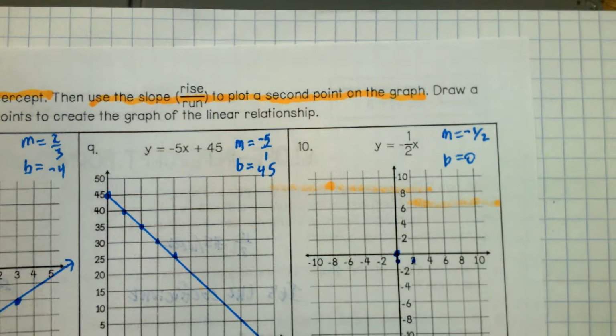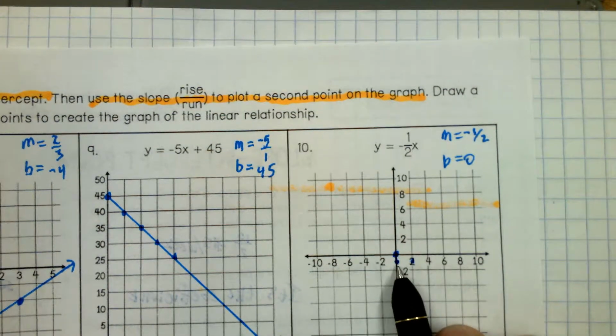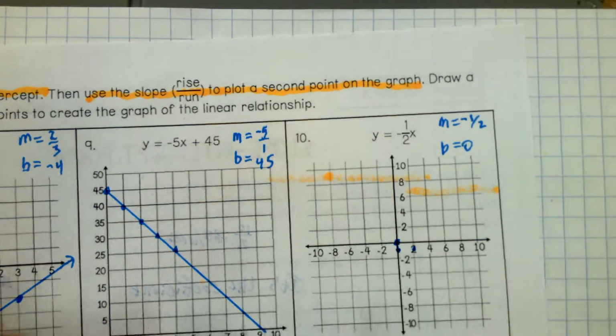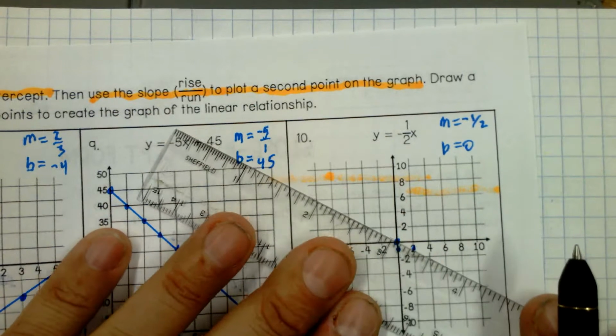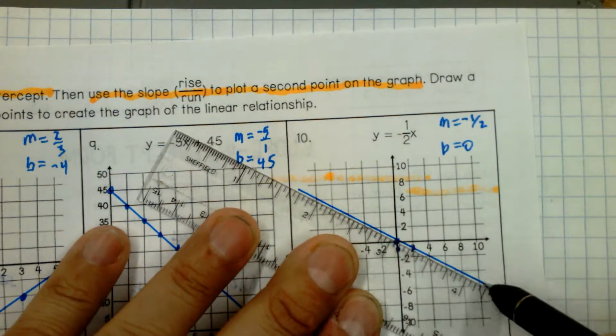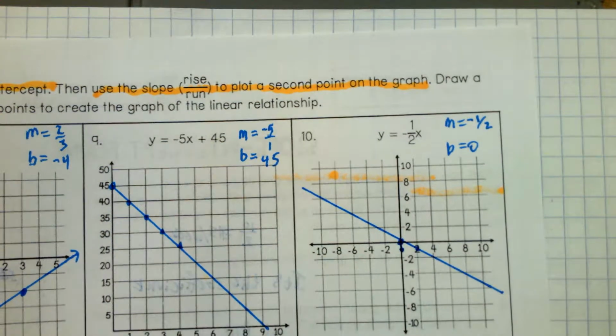So if you need to go down 1, you go half a step. And if you need to go to the right 2, you go across a whole step. So it's going to be like so. When you're graphing these, always be aware of your scale.